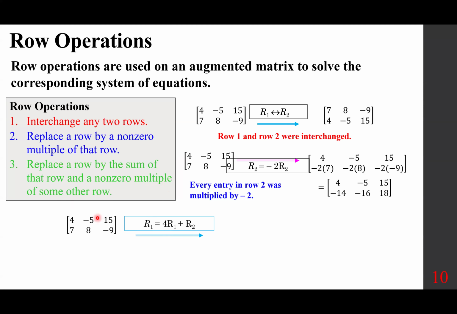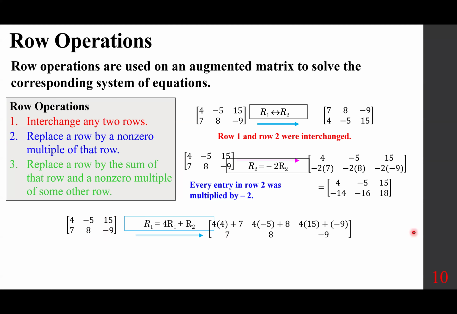So we are going to replace R1 and make the new R1 by multiplying it by 4 and adding R2 to that, which means multiply each element by 4 and add the bottom. So this would be, for example, 4 times 4 plus 7, minus 5 times 4 plus 8, 15 times 4 plus negative 9. That's the meaning of it.